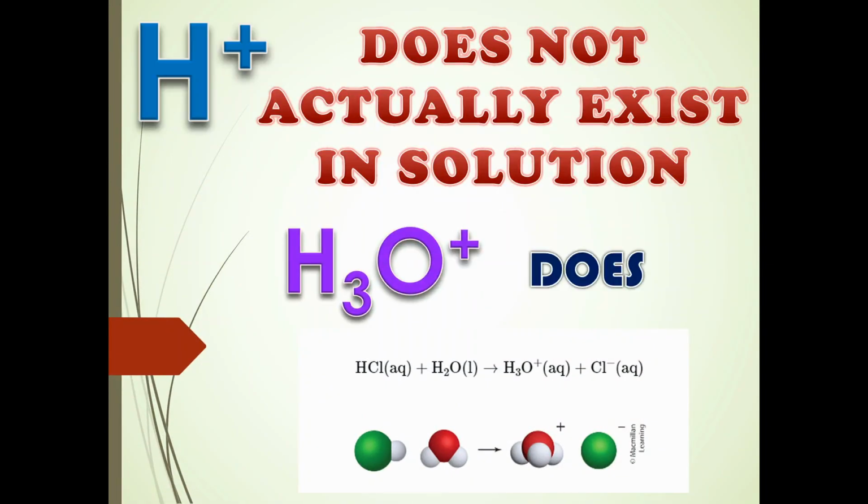The problem is, once HCl or any other acid dissociates, we've got that H+ there. And that H+ is a proton. It wants to latch onto something. So in water, H+ does not actually exist. I will write H+ all the time because I'm lazy, but in reality, it's H3O+, the hydronium ion.